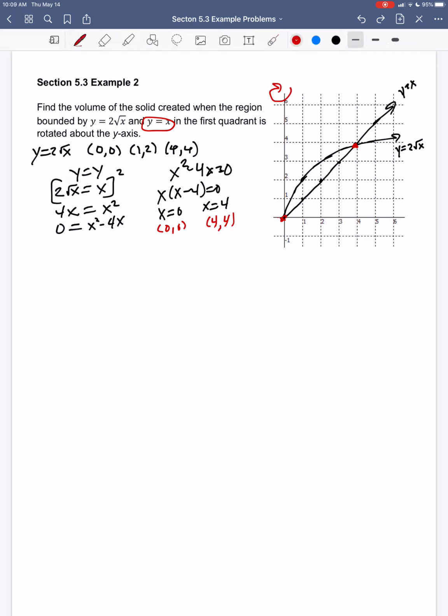So for my representative rectangle, I'll draw a vertical rectangle here. One thing I know is that it's going to have a delta x, so it's a tiny x thickness here. My variable of integration is going to be x. When I rotate this about the axis here, it's going to give me this sort of shell shape.